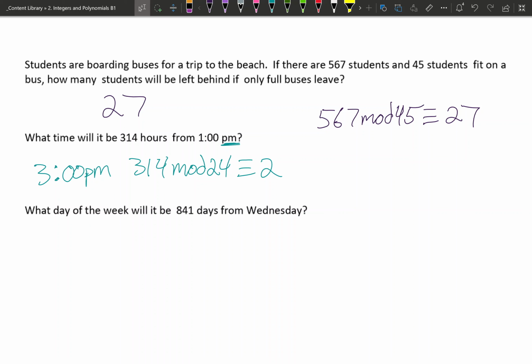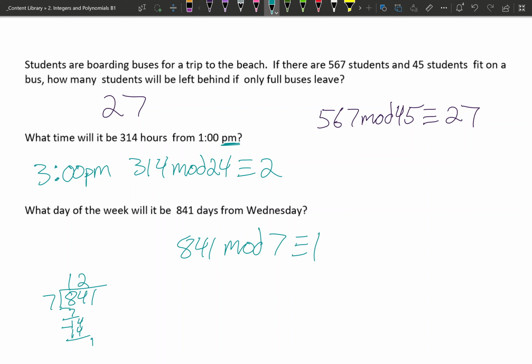Day of the week will be 841 days from Wednesday. Well, we need to do 841 mod 7 because there are 7 days in the week. So let's do some long division here. And we get a remainder of 1.